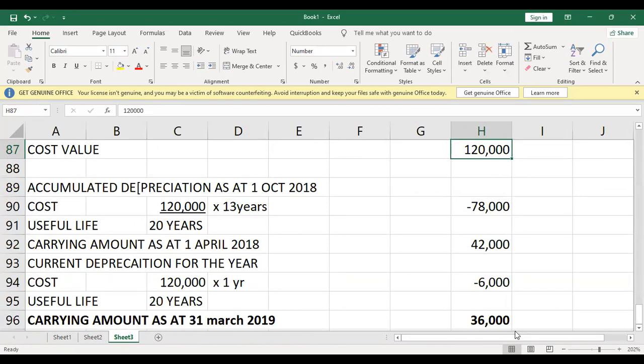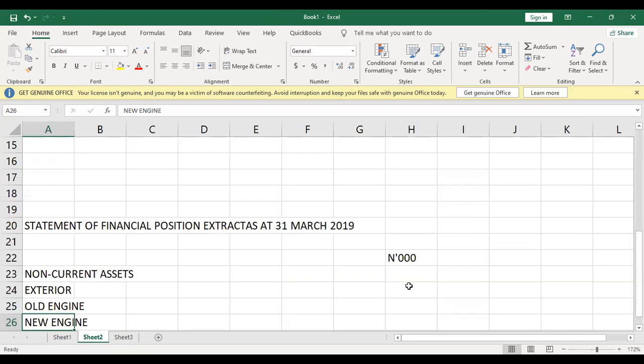Can we see it? Yes, for exterior 36,000.